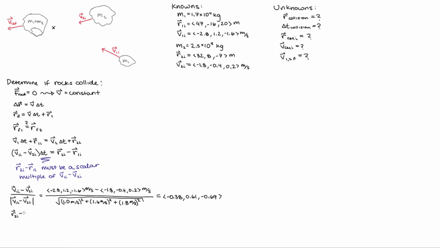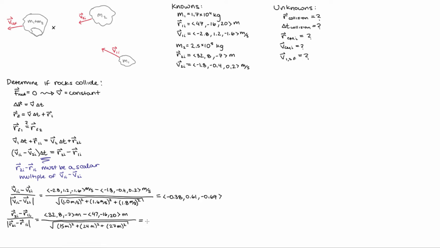R2 initial minus R1 initial all over the magnitude of R2 initial minus R1 initial is given by 32, 8, -7 meters minus 47, -16, 20 meters all over the square root of 15 meters squared plus 24 meters squared plus 27 meters squared.